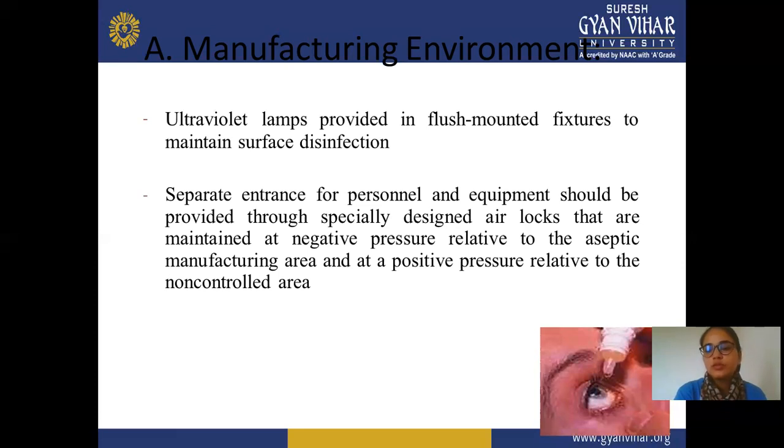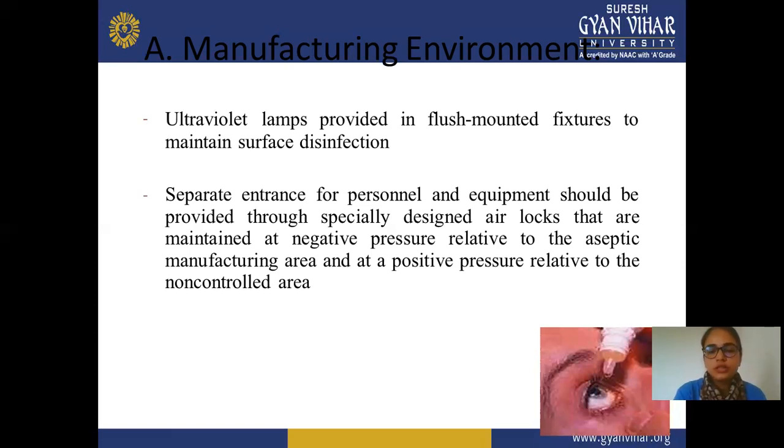So we provide separate entrances for personnel as well as equipment, and they should be provided through specially designed airlocks that are maintained at negative pressure relative to the aseptic manufacturing area. Instead of only a separate entrance, you should also maintain the airlock system for both entrances.